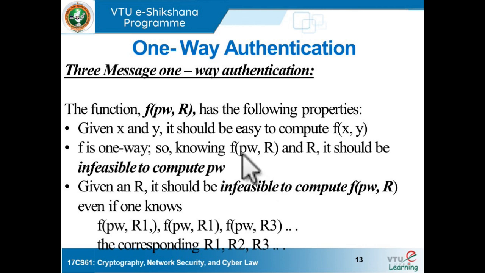So, knowing f of x, y, it should be infeasible for others to compute the password. Also, given a nonce r, it should be infeasible to compute f of password along with the nonce, even if one knows f of nonce 1, nonce 1, nonce 2, nonce 3 and so on for the corresponding nonces.